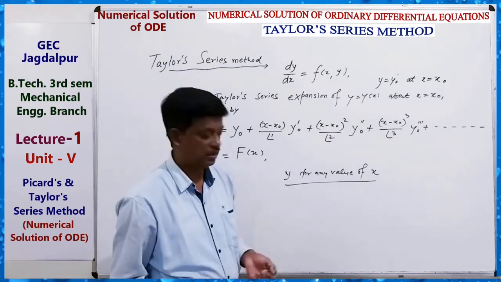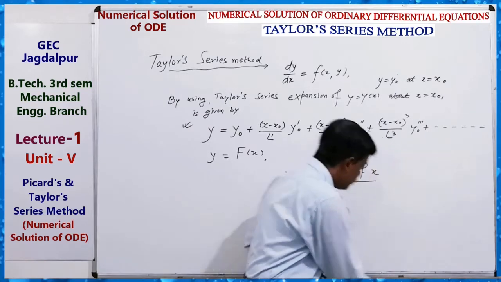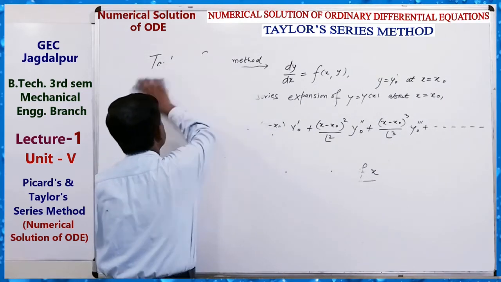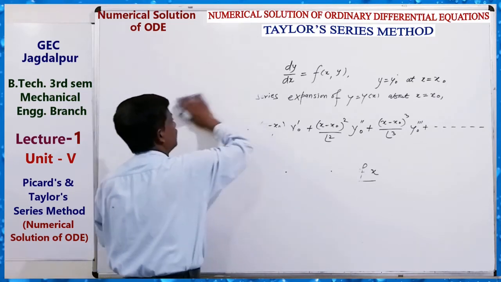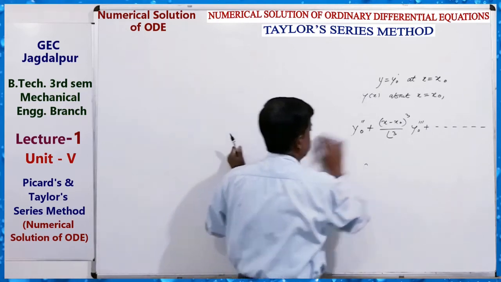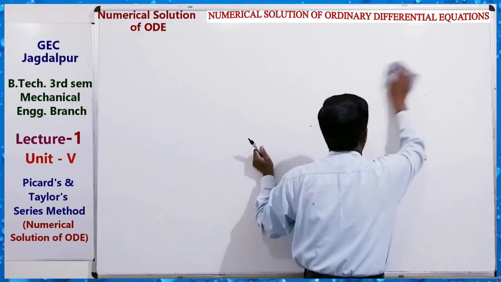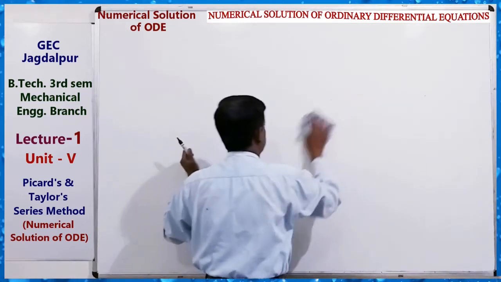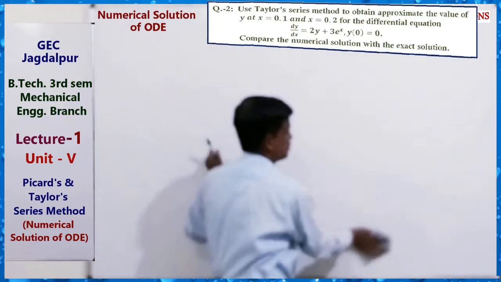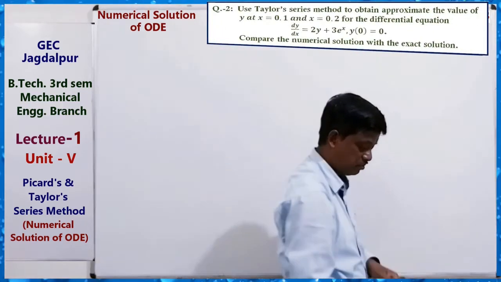That is the second approximation. So take a question for Taylor series, then we can get a better idea of how to solve a differential equation numerically by using the Taylor series method.